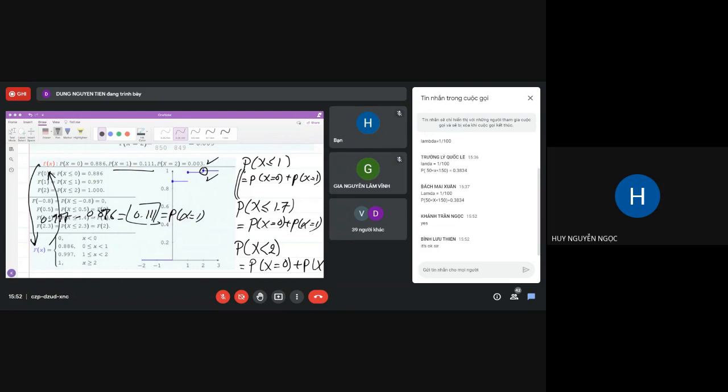Okay. Now I want to move to the next example, in which you deal with a continuous random variable.